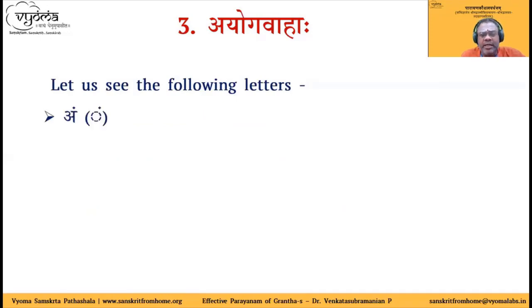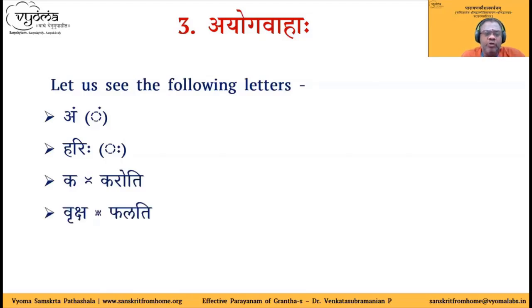You have a third category in Sanskritam. Ramam, Harihi, Guruhu, Shambhuhu. Most of the words have these two symbols, one dot above the letter and two dots by the side of the letter. The one dot above the letter is called Anuswara.